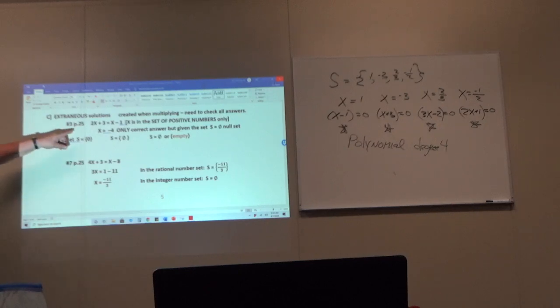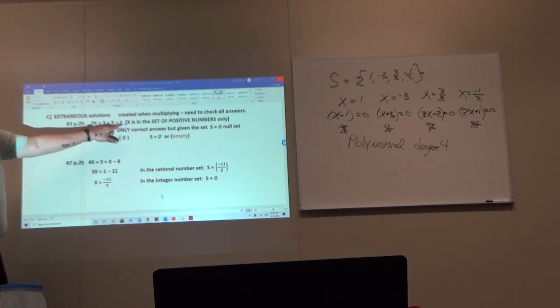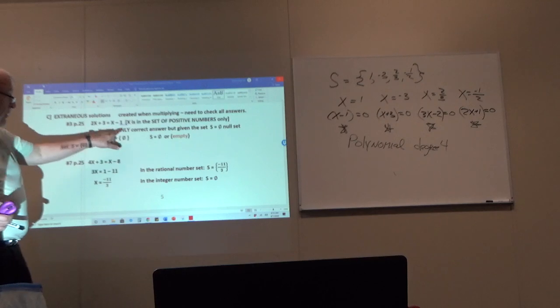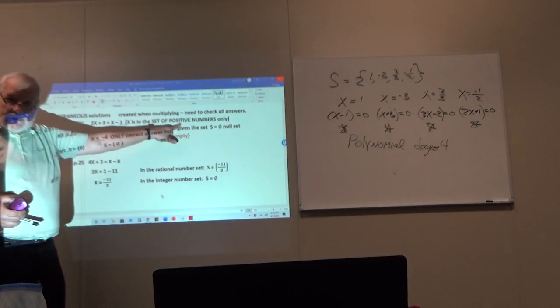All right, now, so number 3 on page 25 says this: if you have 2x plus 3 equals x minus 1, if I subtract an x and I subtract the 4, I get x minus 4. Now, that is only correct for the answer, but not given this number system.